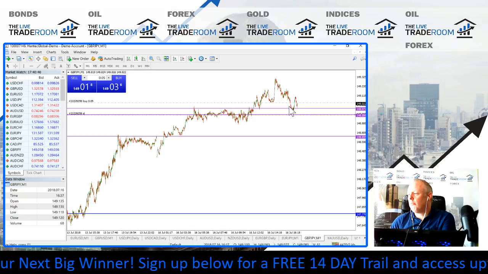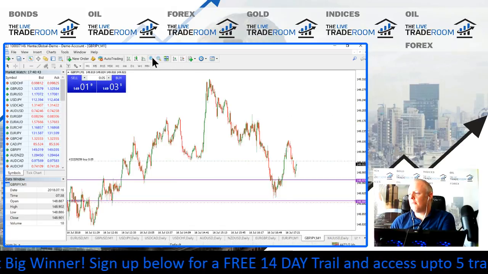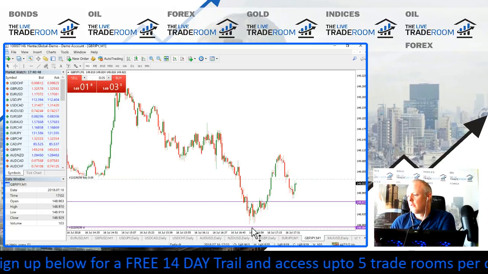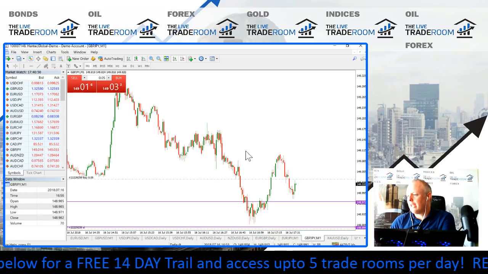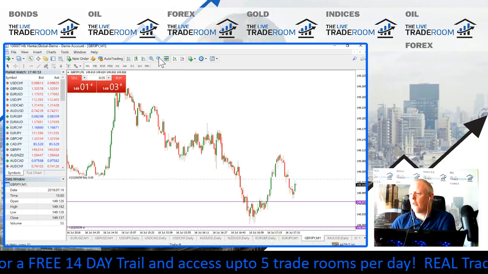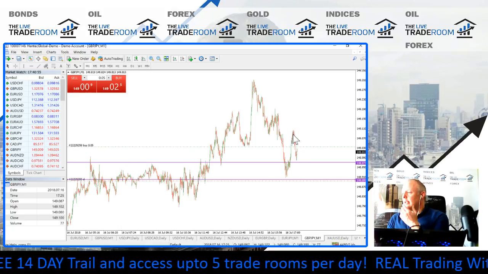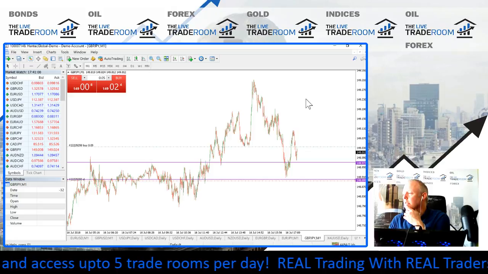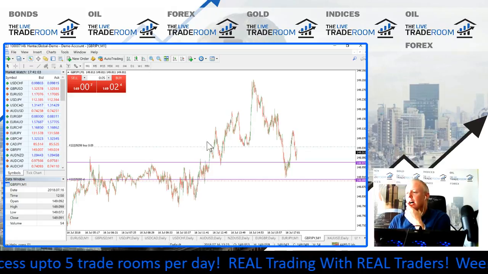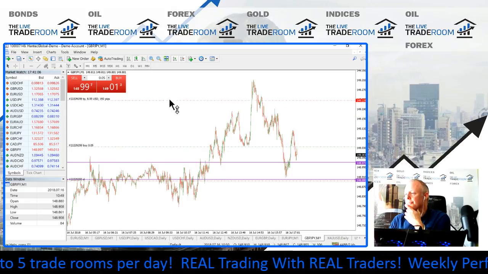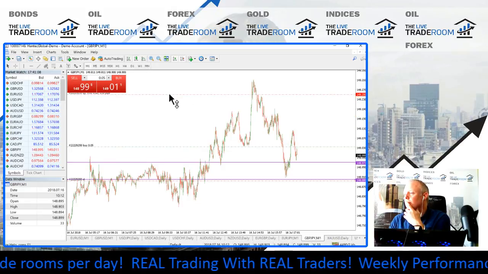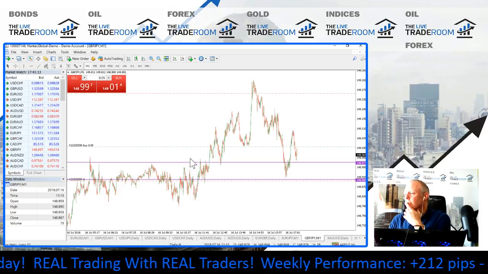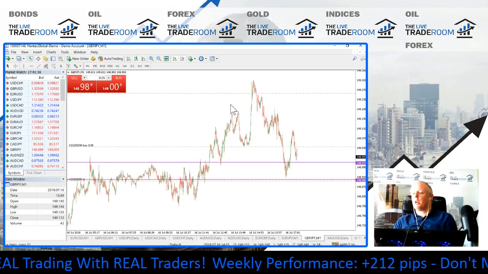Now, we've effectively got in this market a 14 pip stop loss. So we're looking for, at the 149.03, a 1.5 times our risk.